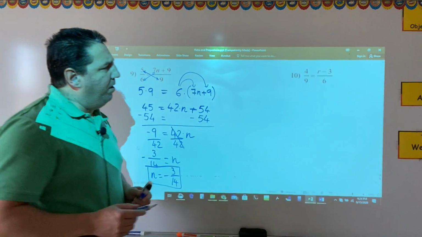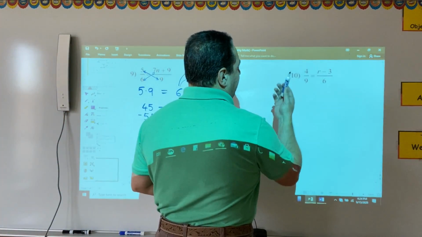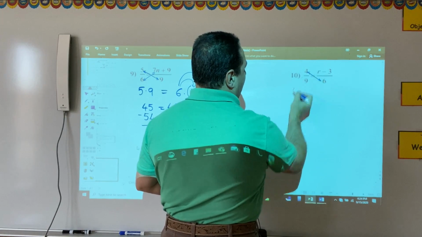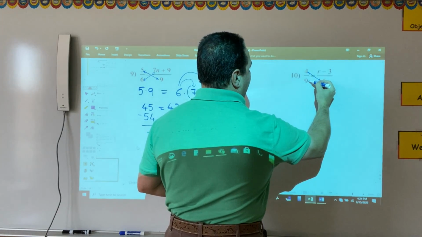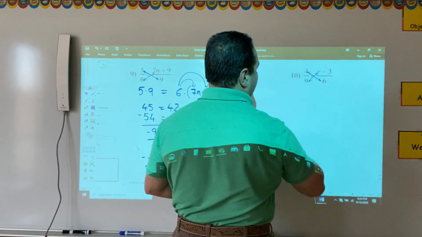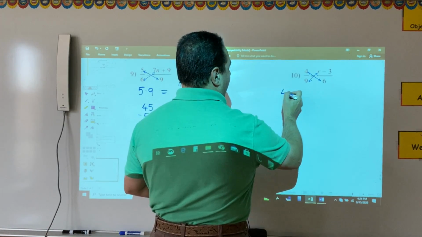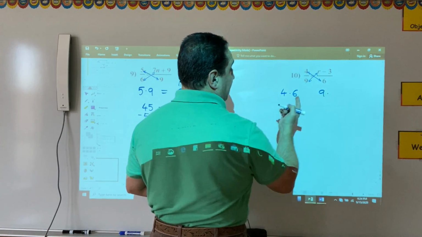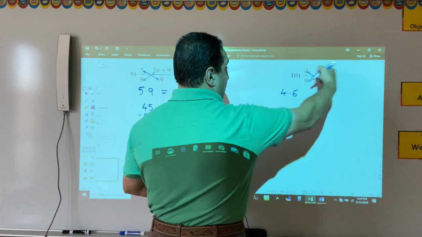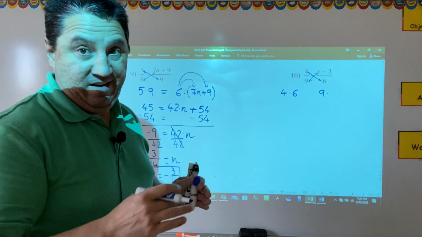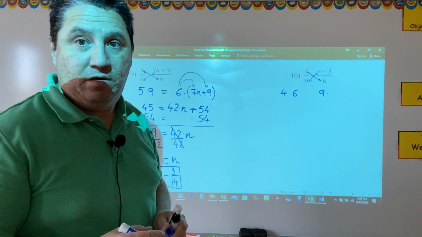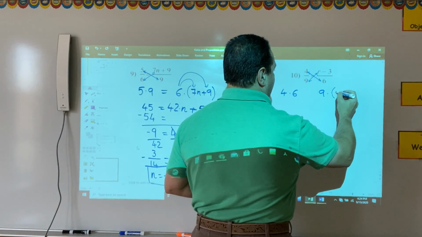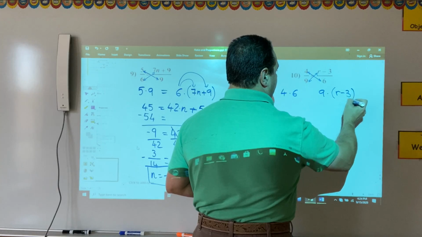And the last example, we do the same. So we cross multiply. So we multiply 4 by 6 and 9 by r minus 3. So 4 times 6 and then 9 times, and to make sure you multiply these numbers correctly, we have to use again a parenthesis, r minus 3.